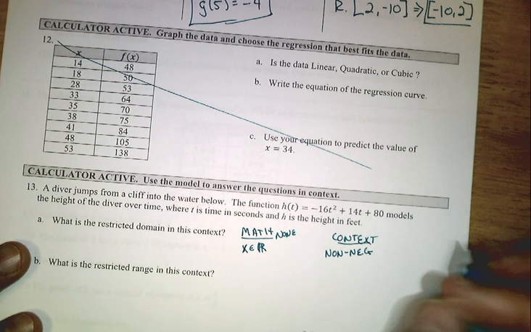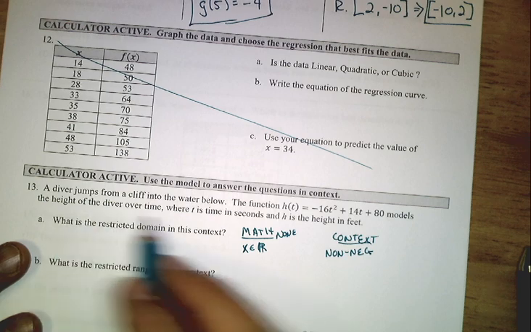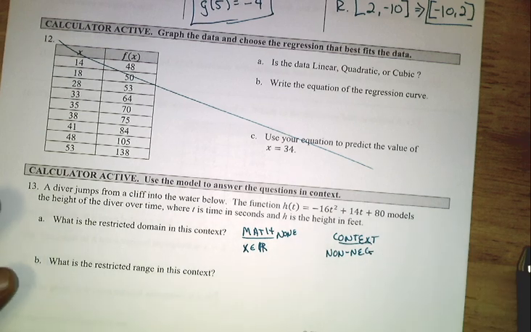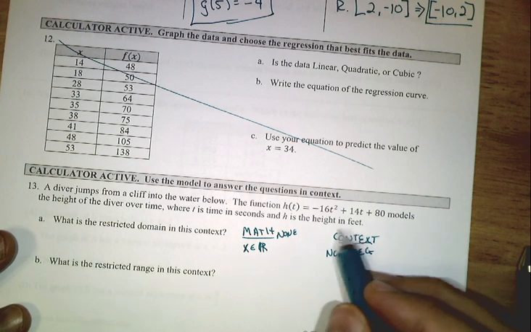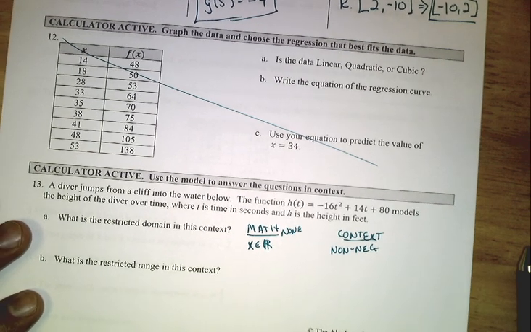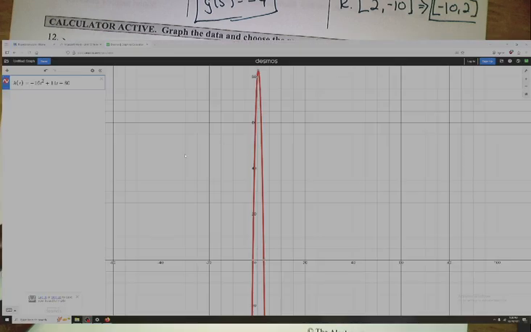And then it doesn't make sense in height in feet. Since we're measuring the height in feet, that means 0 is the ground. So if we look at our graph, it doesn't make sense for him to go beyond the ground down here. Unless he phases through the earth, but I don't think that's going to happen.